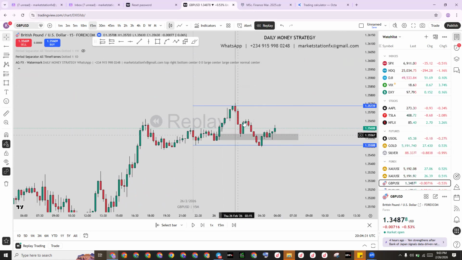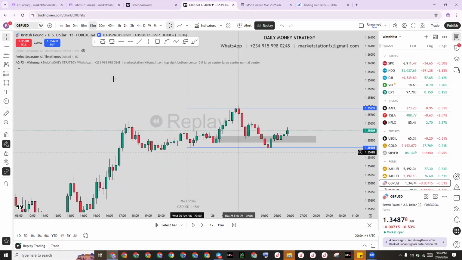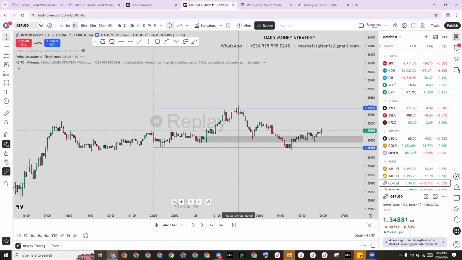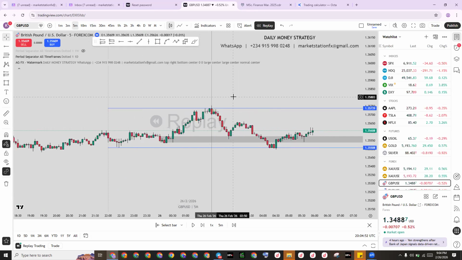In fact, they will even have entered, screenshot and posted massive profit. So let me go to M5. Once this guy is taken, if structure is on our side, we are coming down.